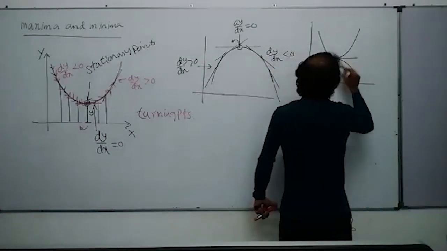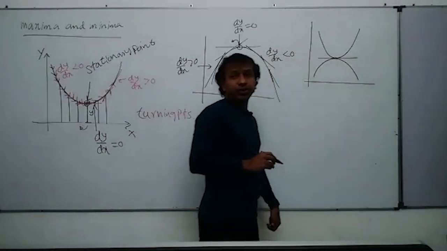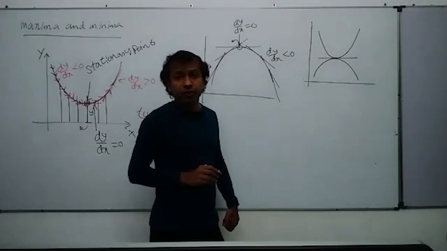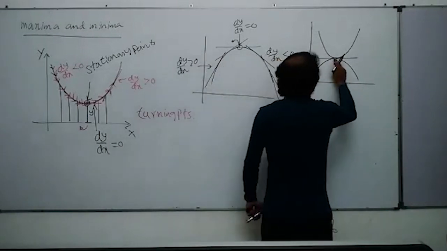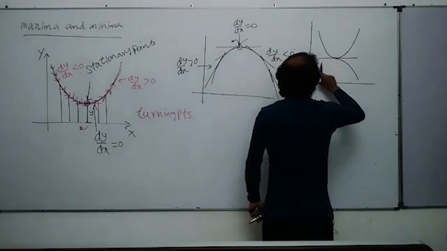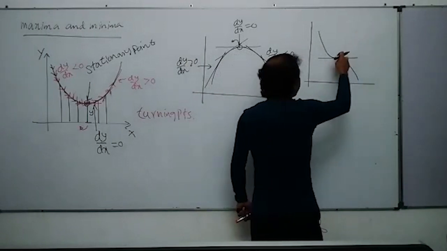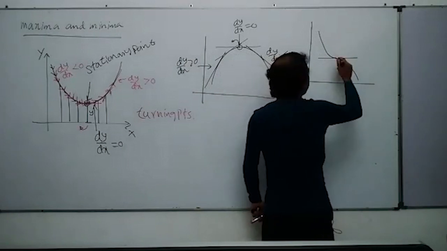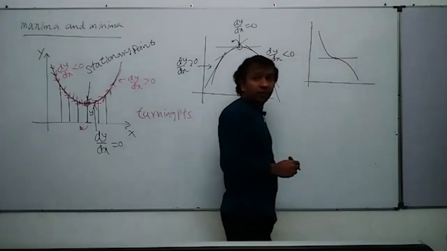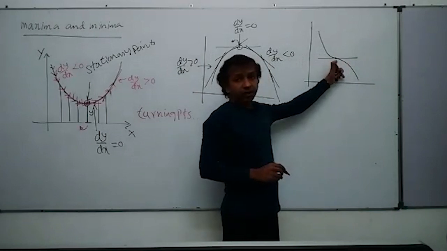When we construct a tangent, dy by dx is 0. Now, if we erase this portion of this graph and this portion of this graph, at this point dy by dx is 0.